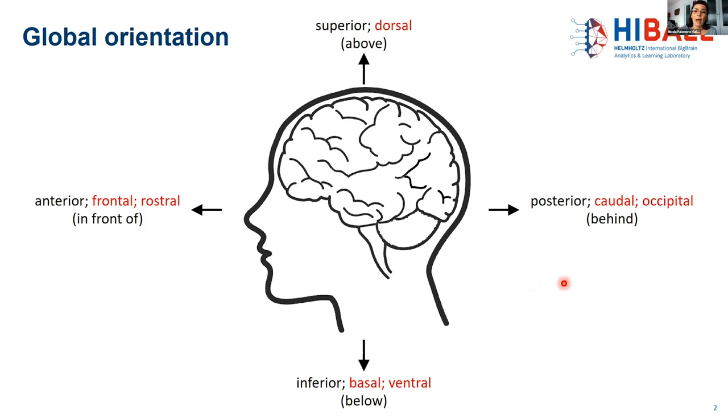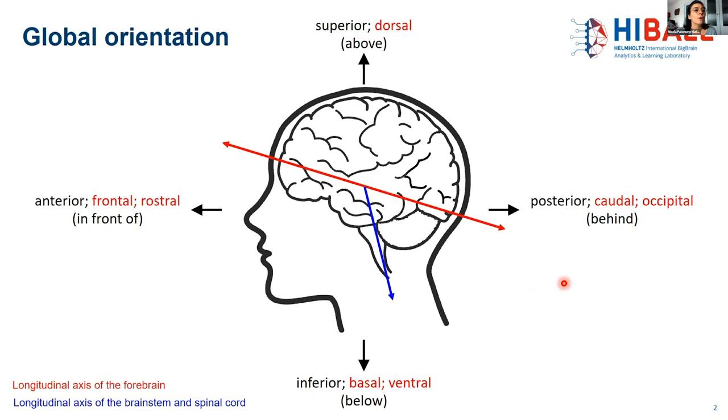And to make life just a bit more complicated, you must know that in the human brain we can define two axes. One of them is called the longitudinal axis of the forebrain, and that's the one that I'm indicating here with this red line. So the frontal, dorsal, caudal, and basal designations would correspond to this axis here. And then we have a second axis, the one indicated by the blue arrow, and that is the longitudinal axis of the brain stem and spinal cord.